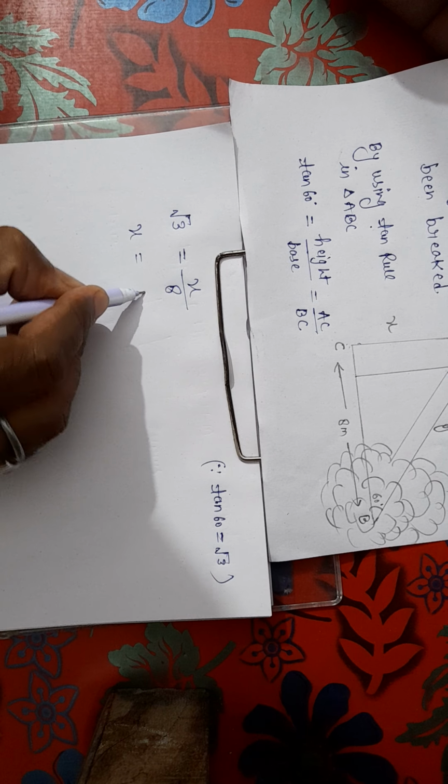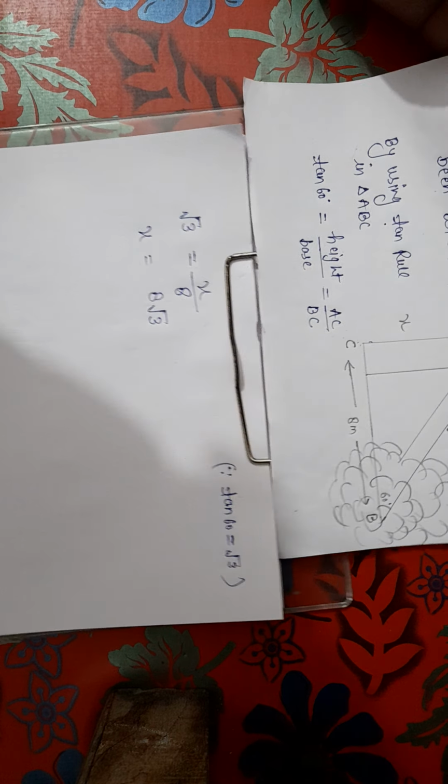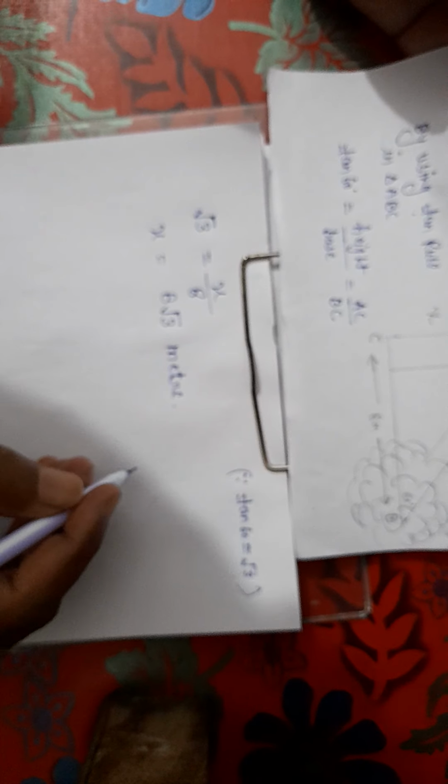So we will put here x upon the base. The base is BC. BC is 8 meters. So what is the value of x? x is 8 root 3 meters. Now we will calculate the value of y.